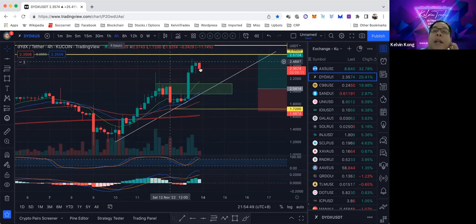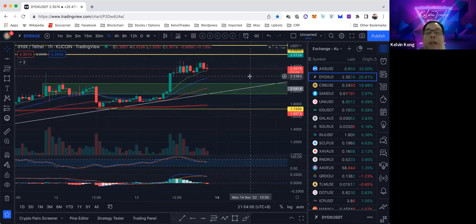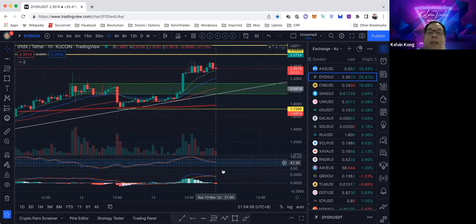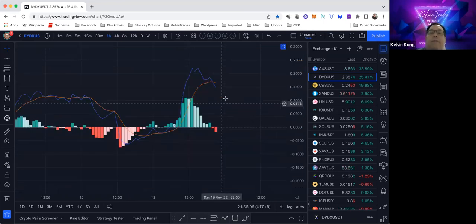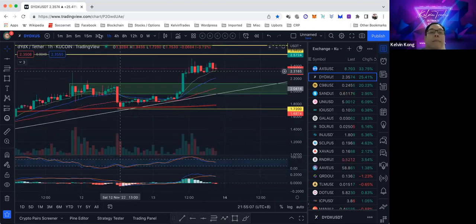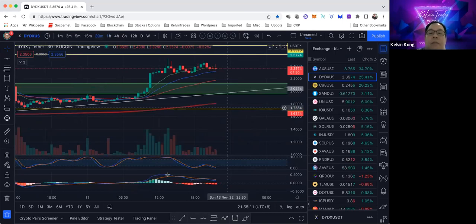Provided it stays this way, this is a 4-hour chart. Hey, there's 2 more hours to go. Yep. Okay, it's gonna come down. Yeah, come down. 30 minutes chart. Yes, it's sloping down.